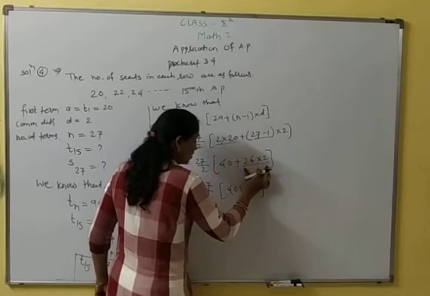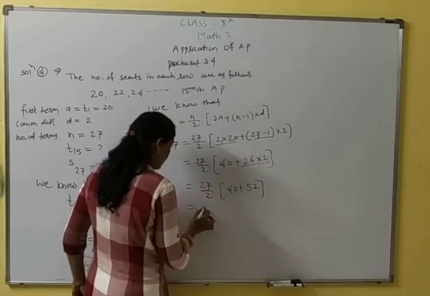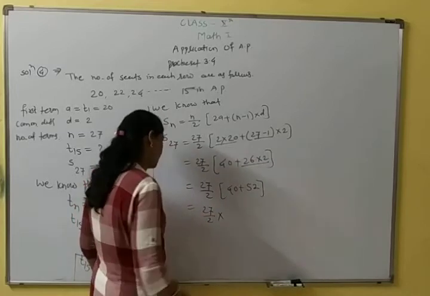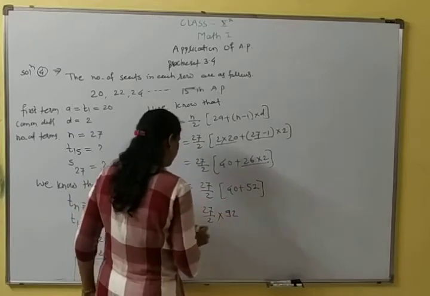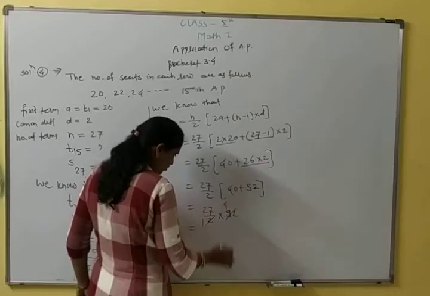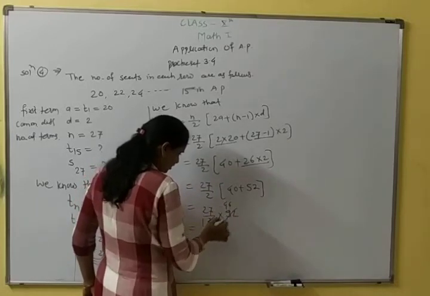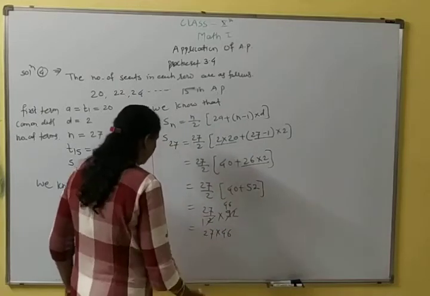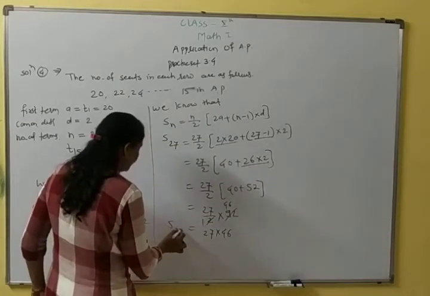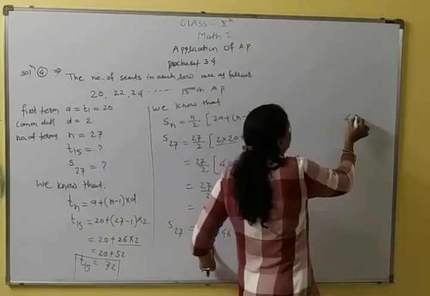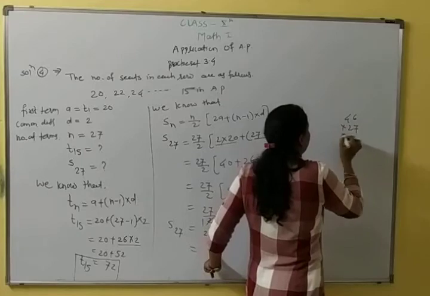Here first solve, multiply and then add. 27 by 2 into 52 plus 40, 92. Then here 2 ones are 2, 2 fours are 8, 2 sixes are 12. Means 27 into 46. So S27 equal to 27 into 46.